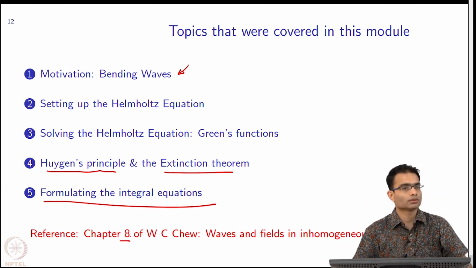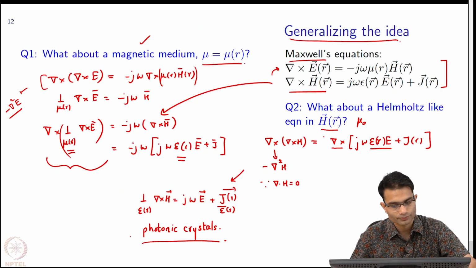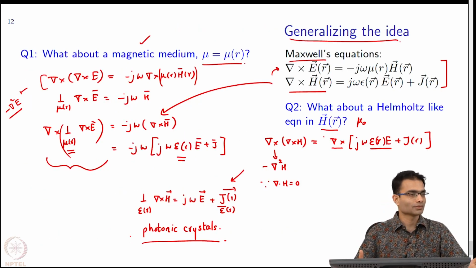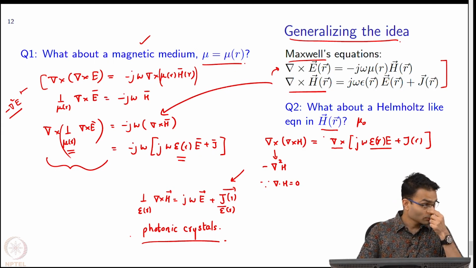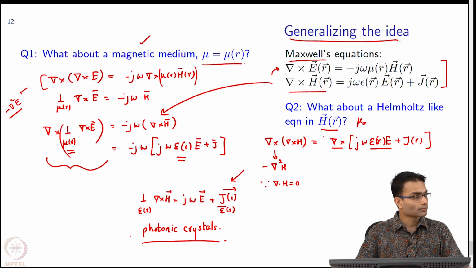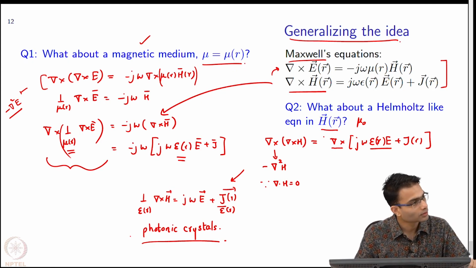Right. So, any questions? Well, it is grungy. I know the definition of del cross any vector. I will have to calculate it, if not analytically, numerically. So we use the extinction theorem to take those two equations, and from there we apply boundary conditions. So what about the Huygens principle?